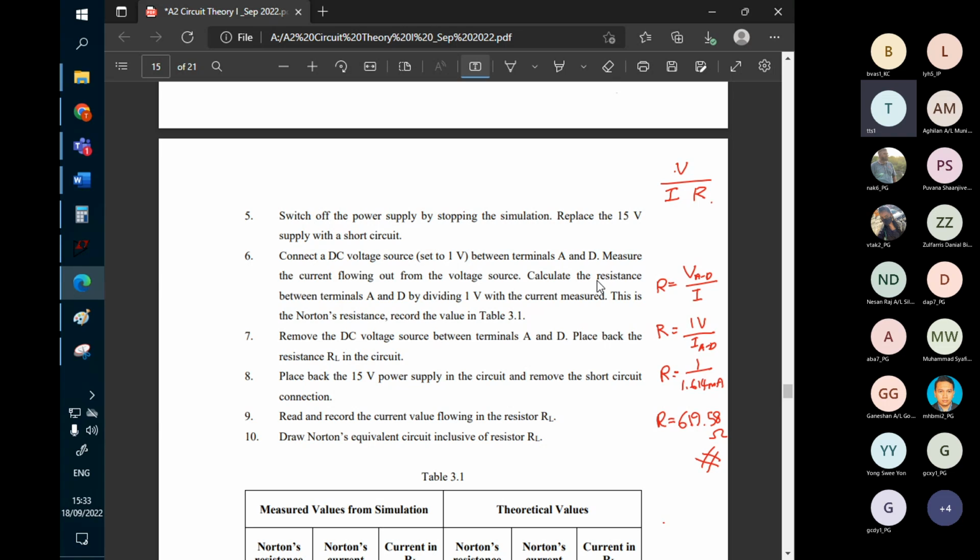Oh, it's a different circuit actually. There's a difference. Hold on. The 820 must be taken out actually.